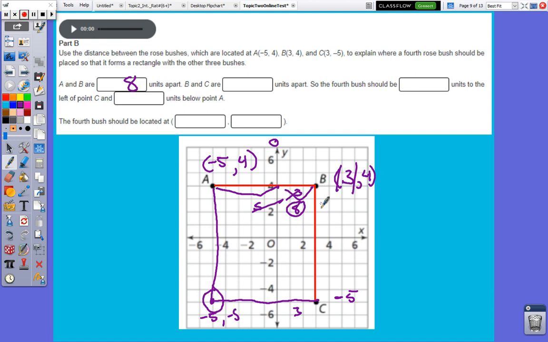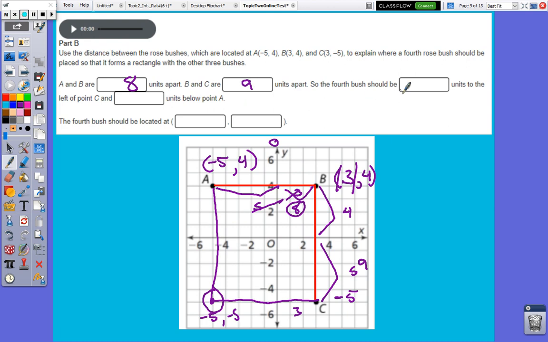Now it says B and C. B and C, how far apart are they? Well, this would be 4 units here. This would be how many units here? We are going 5 units apart. So that gives me what? 9 units. That is 9 units apart. We go here. Here to here is 4. From 0 to -5 is 5. So we are 9 units apart.